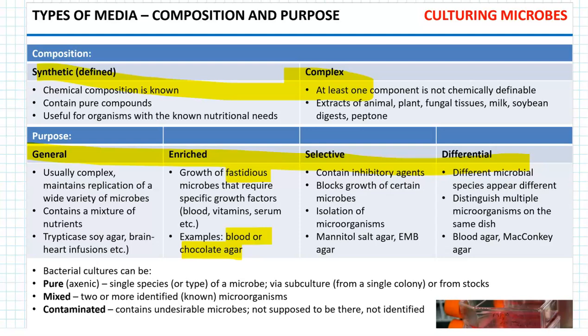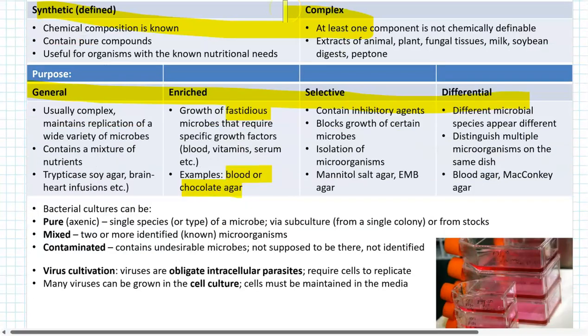So here's my question. And listen, an EMB agar, you don't need to know what EMB is. EMB agar contains chemicals that selectively inhibit the growth of gram-positive bacteria.